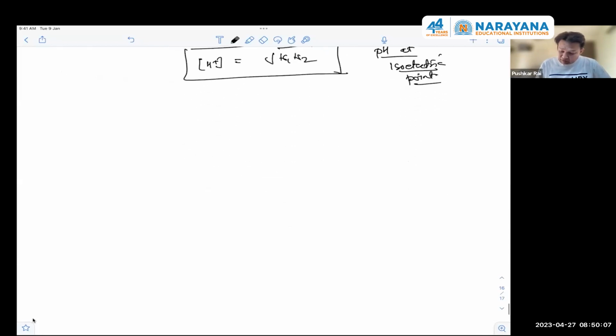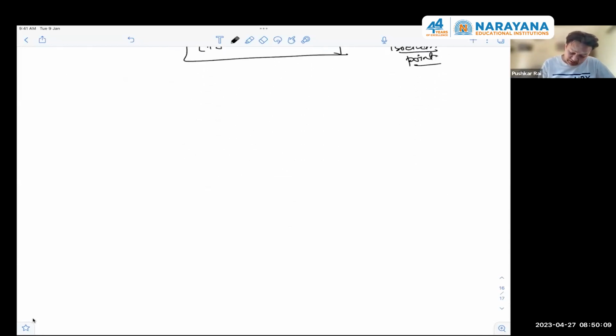But now the interesting part is when you take Na plus HA negative, you will agree that HA negative reacts with water. It forms H2A plus OH negative. There is some equilibrium constant of this, and this equilibrium constant is Kw upon K1.